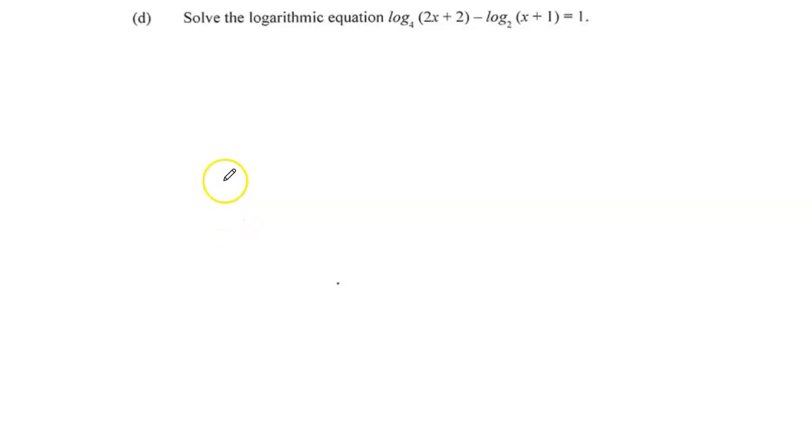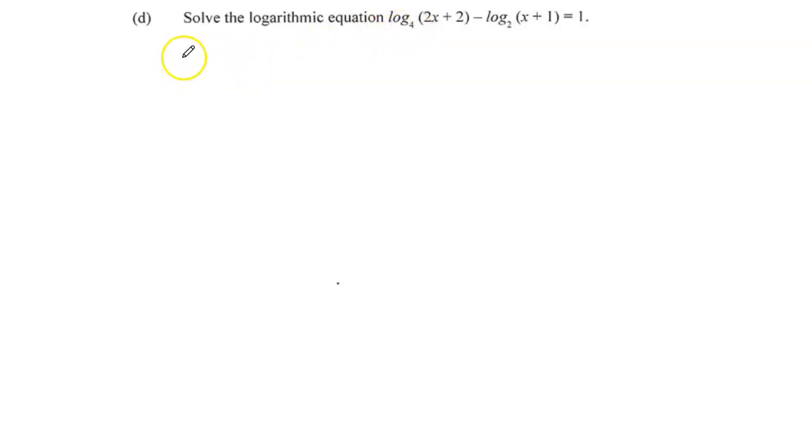Part D, solve a log equation. So notice the bases are different. So it's a change of base problem. So usually it's a wise idea to convert everything to the smaller base. It doesn't have to be, but I guess sometimes it's the best option. So I'm going to convert everything to base 2.